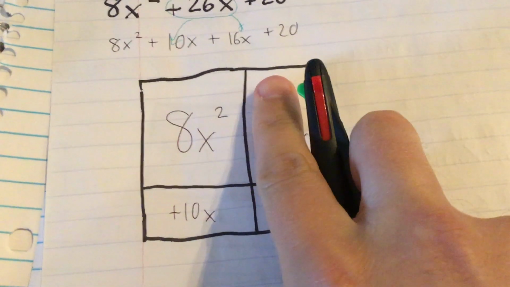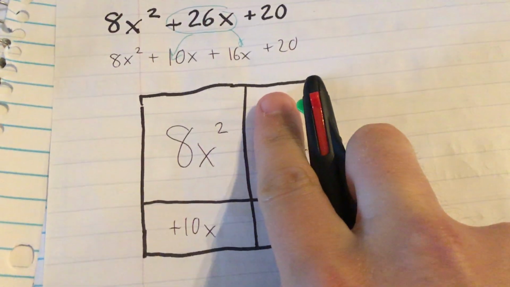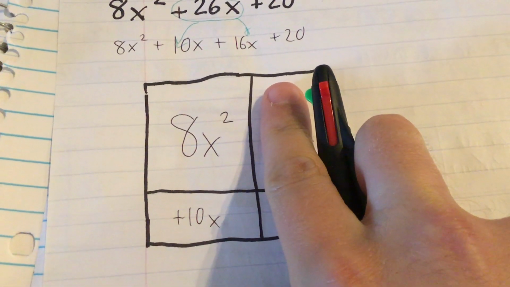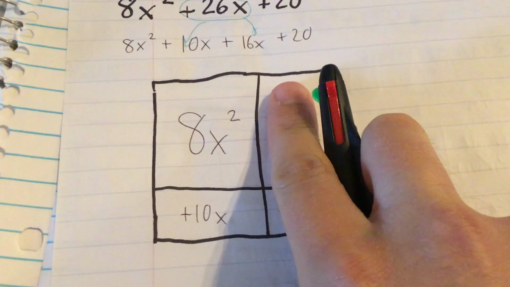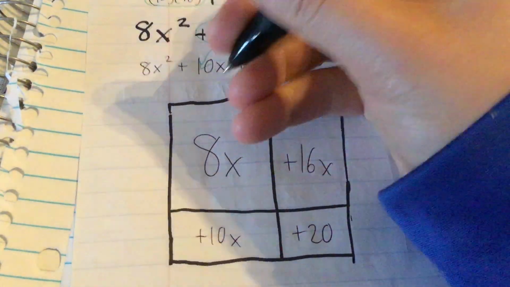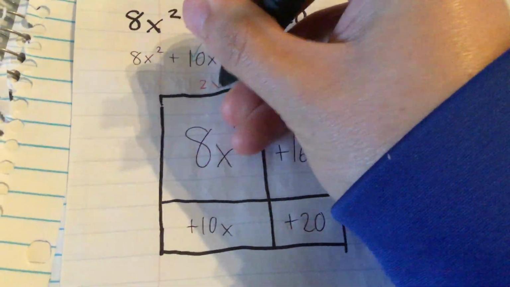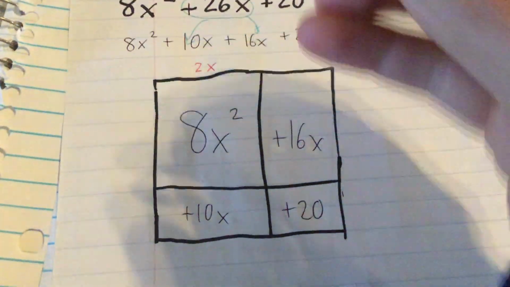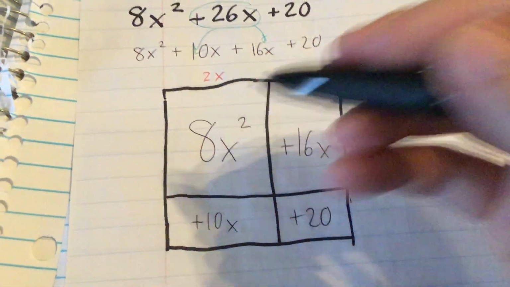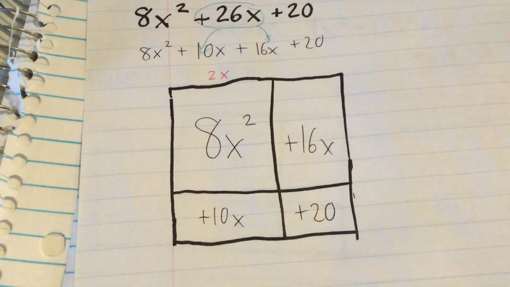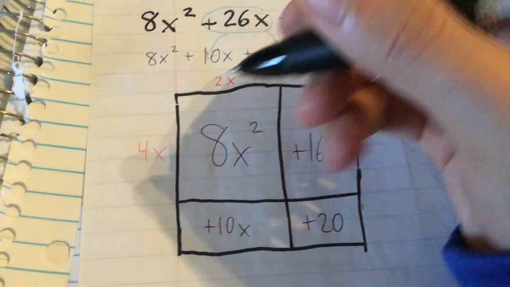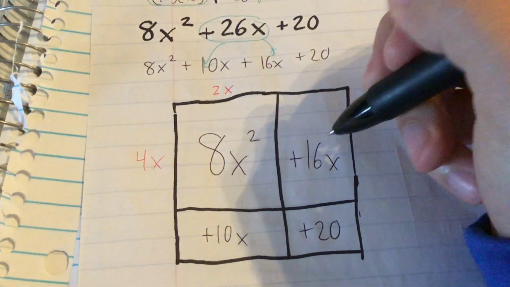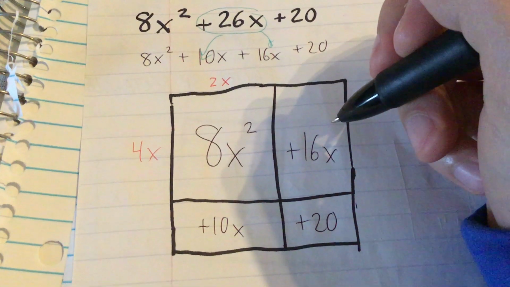Okay, I'm going to cover up this column right here. How do I factor the GCF of 8x squared and positive 10x? I'm going to take out a 2x, because 2x is the biggest factor I can take out. 2x times what is 8x squared? 4x. 4x times what is 16x?